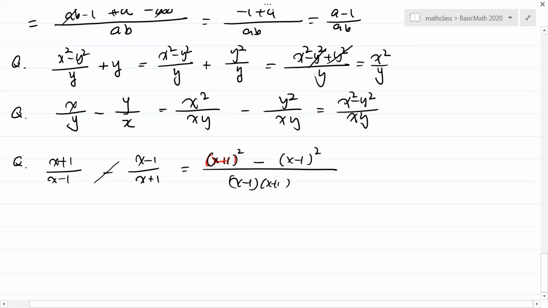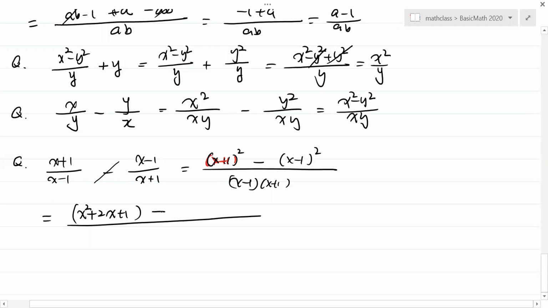Okay. Now, it's not easy to simplify the numerator. Do you remember? x plus 1 squared is going to be x squared plus 2x plus 1.